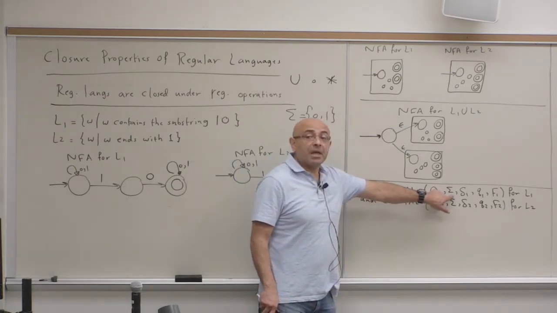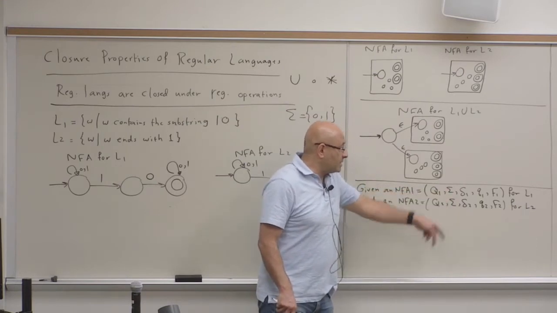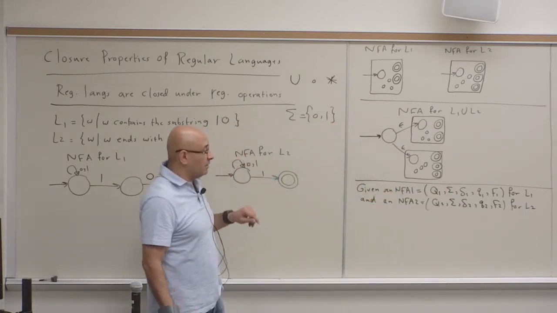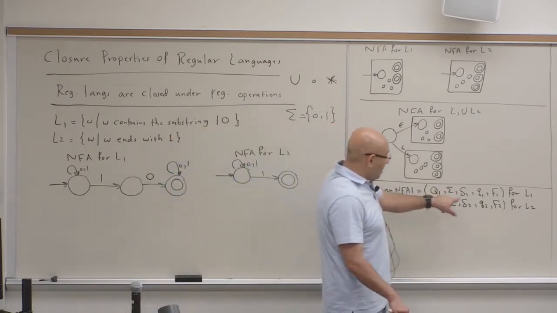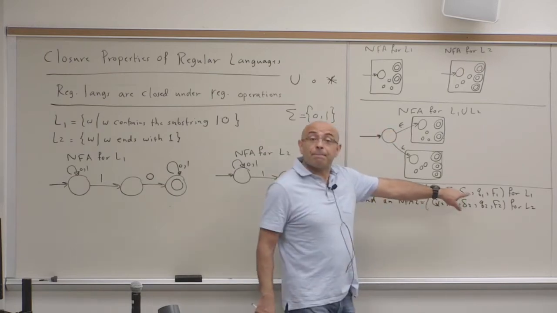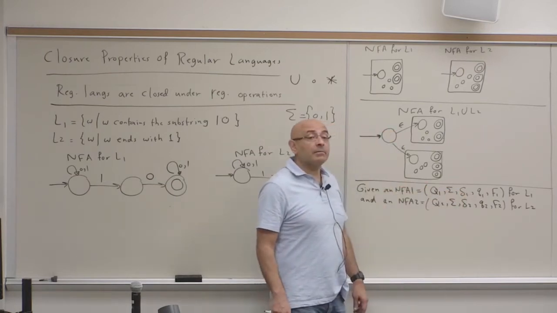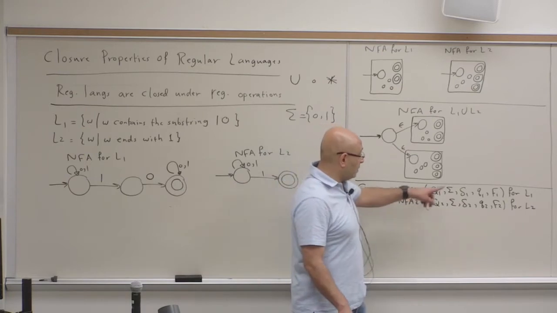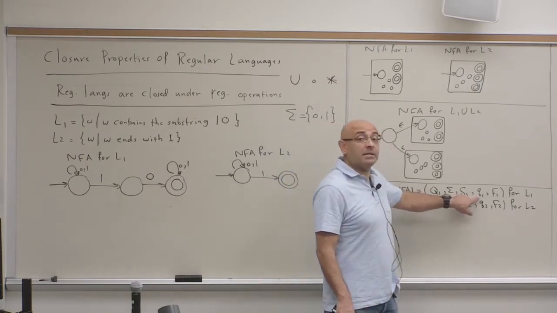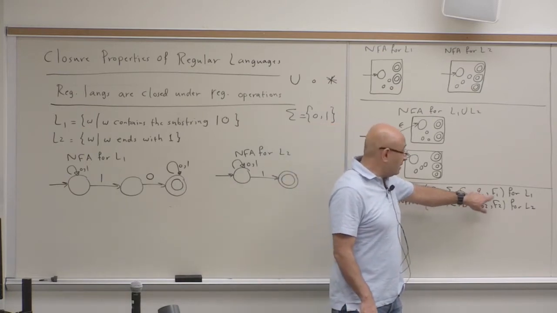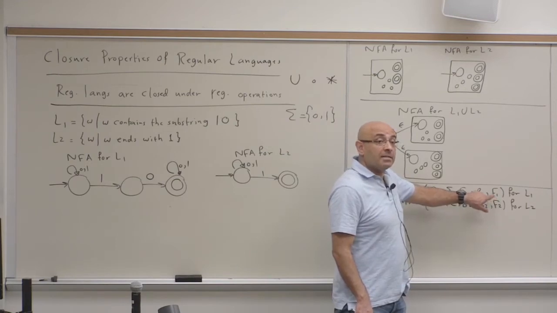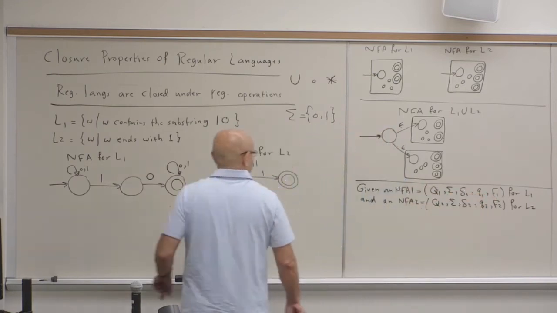Sigma is the alphabet. We assume that it's the same alphabet, but the procedure is going to work even if you have different alphabets. Delta 1 is, what do we call delta? The transition function for the first one. q1 is the start state, and F is the set of final states.